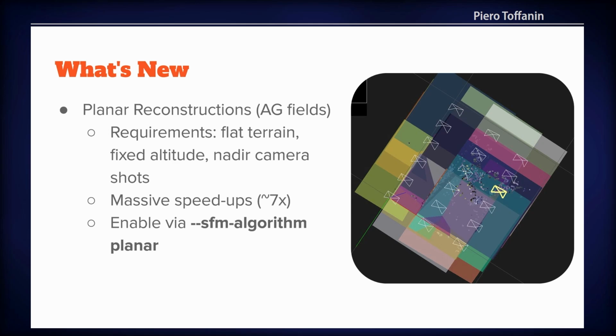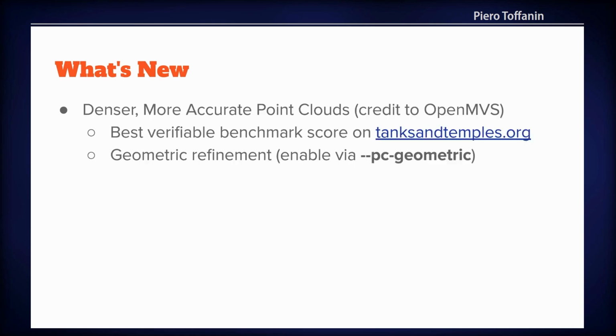And you've taken nadir shots, meaning you took all of your pictures looking straight down, which is also frequently the case. You can turn on a new option called SFM algorithm planar. And this new mode will allow you to get reconstruction results much, much faster because it has been massively parallelized. So if that is your case, definitely check it out if you haven't.